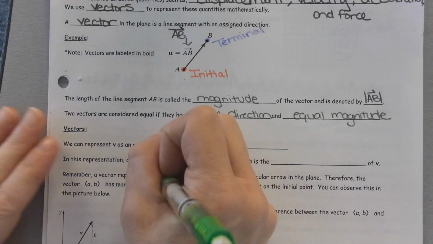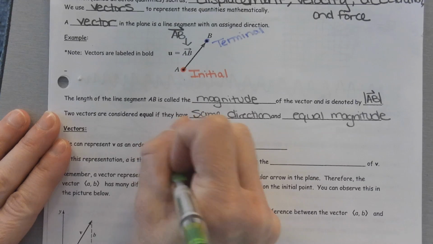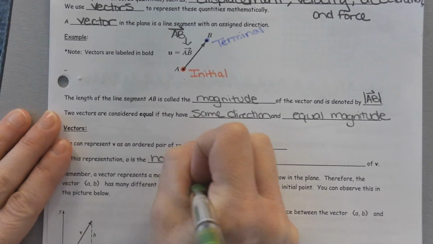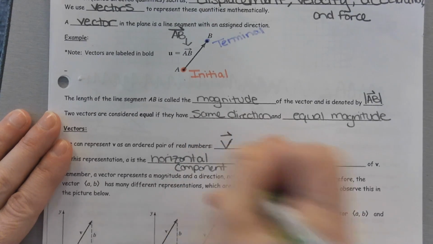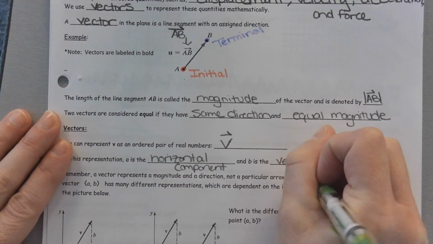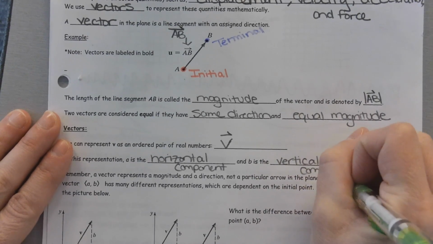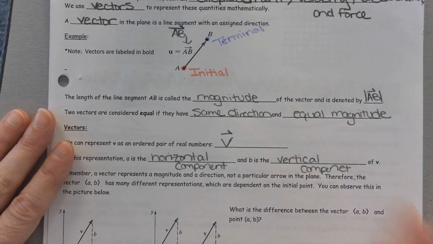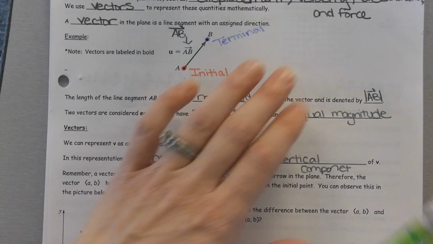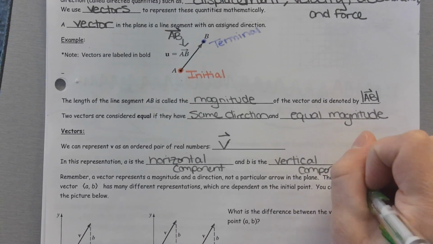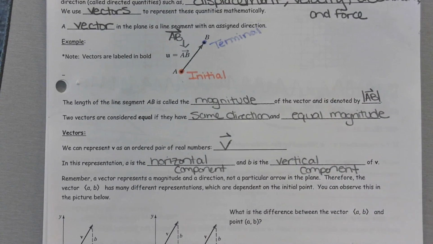We have to think about both the horizontal component and the vertical component. If you think back to last chapter, or even just the quiz that you took yesterday, we had A's and B's, right?